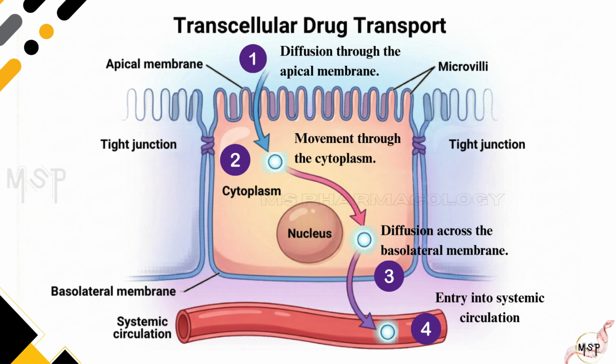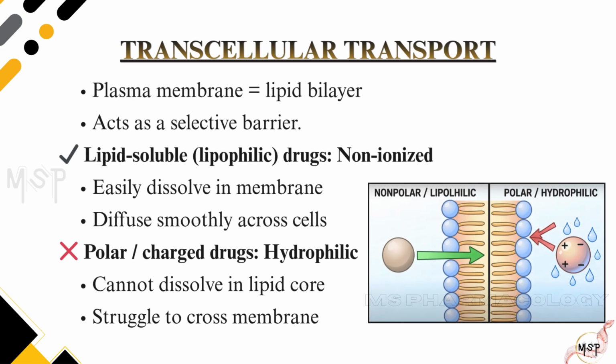Step 4. It enters systemic circulation. Now it's in the bloodstream and ready to do its job. Remember, the membrane is a lipid bilayer. So lipid-soluble, non-ionized drugs glide through easily. Polar or charged molecules, they struggle. That distinction is going to matter a lot as we go on.